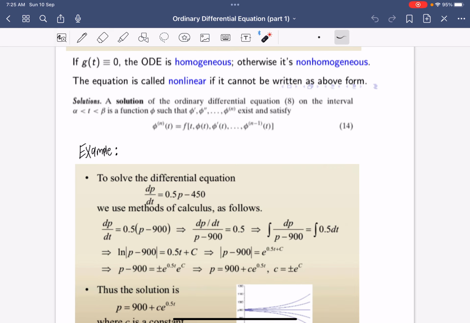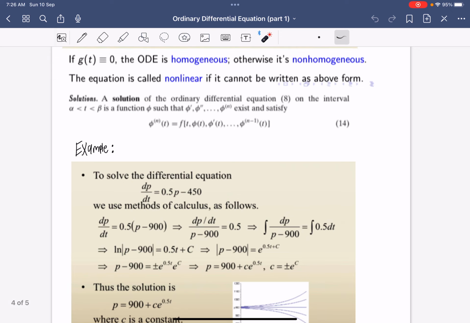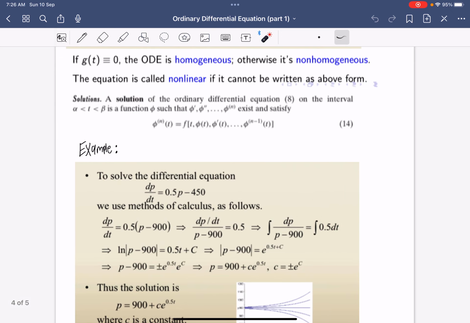What we can do is recognize that we can divide this over, and then when we integrate, the dt will be removed and it will be like integrating with respect to p only because of the chain rule. And so the other side now, because it's a constant, you just integrate normally with respect to t.